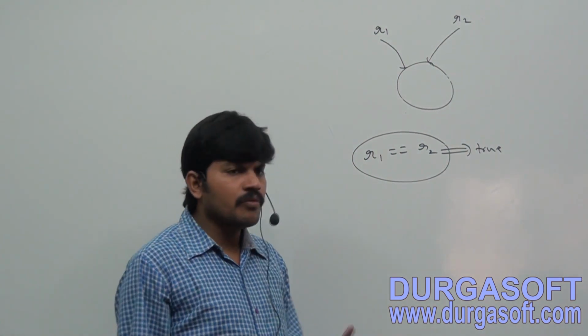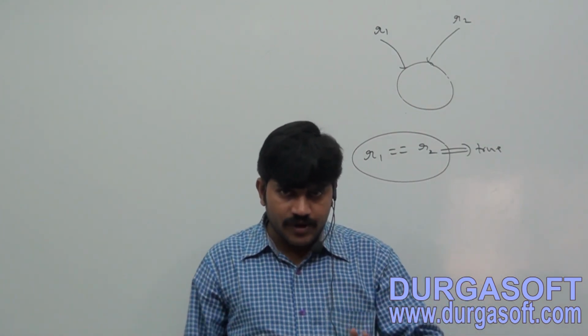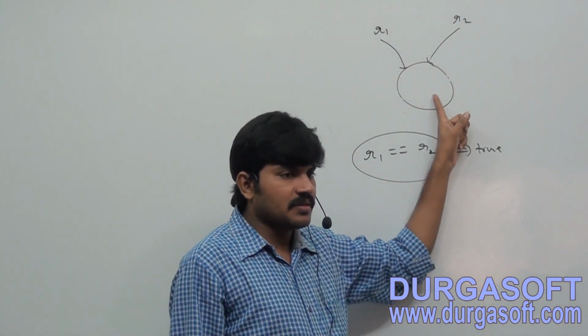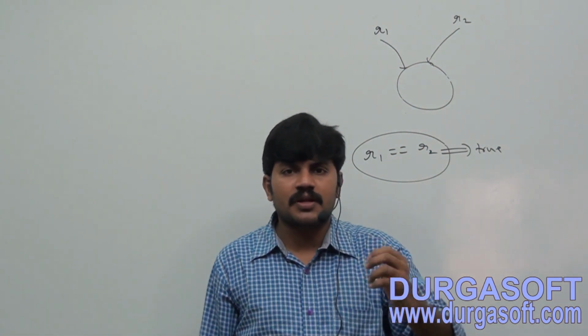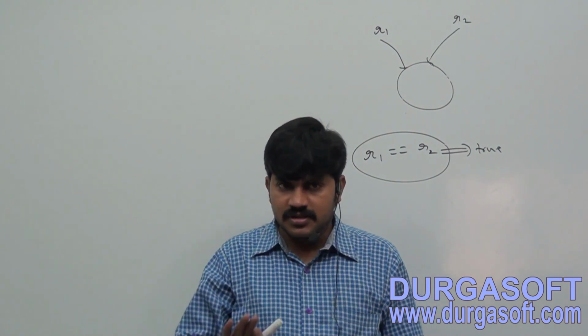Conclusion 1: we can apply equality operators for object types also. Next, if we apply them for object references, the double equal operator returns true if both references point to the same object. Is it clear for all of you?